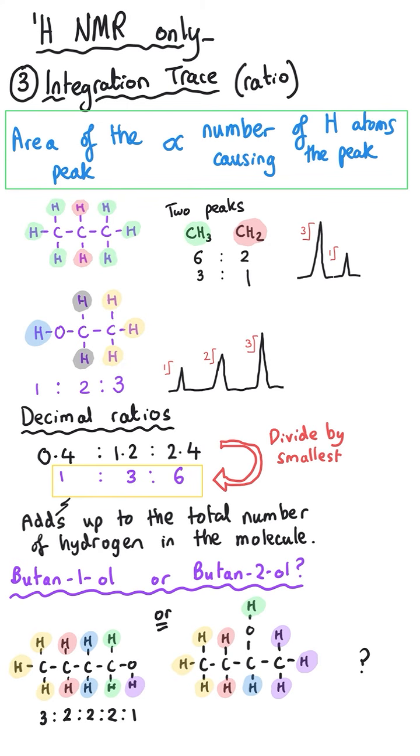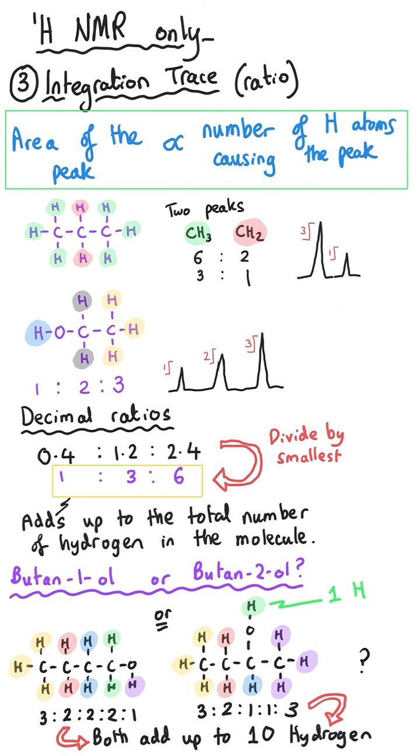Whereas in butan-2-ol, it would be 3 to 2 to 1 to 1 to 3. And so we would be able to look at the spectrum for our unknown sample, look at the integration trace that it reports, and we would know which of these two unknowns it was.